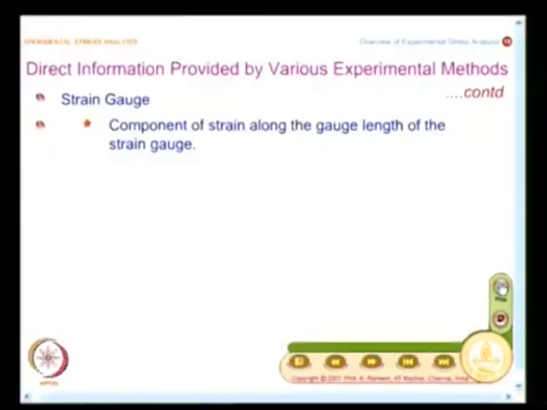When you look at a strain gauge, people think a strain gauge gives strain, they talk loosely. It does not give strain, it gives a component of strain. There is a fundamental difference between strain and component of strain. Strain is a tensor of rank 2. When you say strain, you indirectly imply it is the strain tensor, but a single strain gauge can give you only the component of strain along the gauge length.